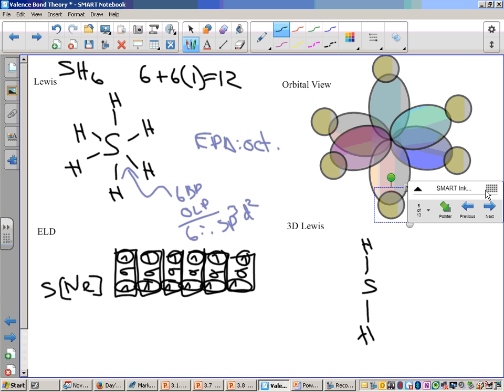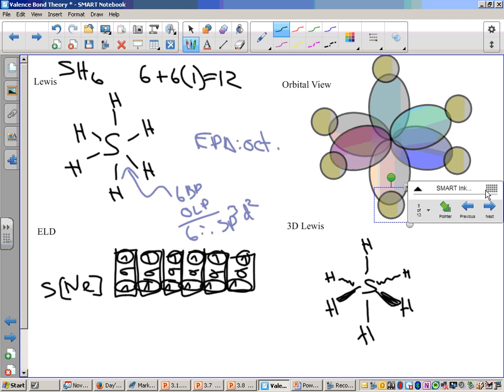And then just like with our trigonal bipyramidal, the only difference is I've got 2 of those on either side. One coming out front, one going in behind, one coming out front, one going in behind. H, H, H, H.